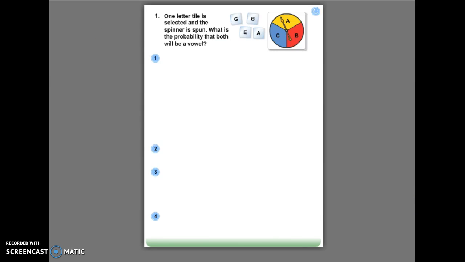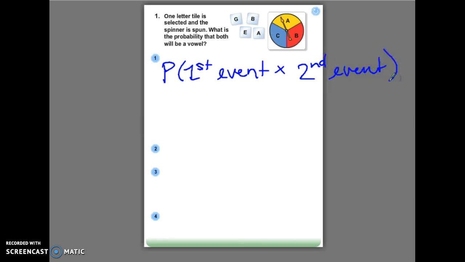We're going to take the probability of the first event, and we're going to multiply it times the probability of the second event. So what that looks like is, again, if I look at my tiles, how many options do you have in your tiles that are vowels?